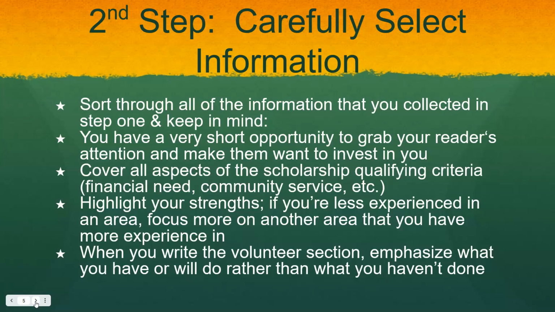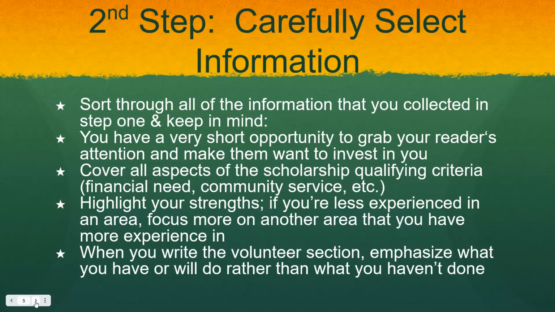The second step is to carefully select information. So you want to sort through all of the information that you gathered in the first step, while keeping in mind that you have a very short opportunity to grab your reader's attention and make them want to actually invest in you by giving you a scholarship. You want to cover all the aspects of the scholarship that is specifically mentioned in the qualifying criteria, and you want to also highlight your strengths.